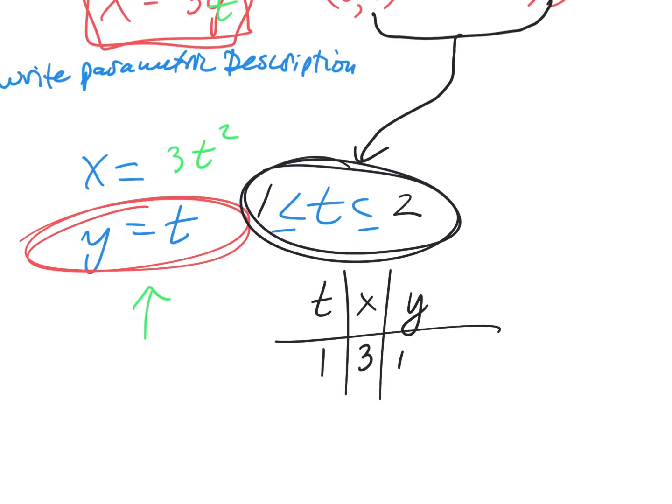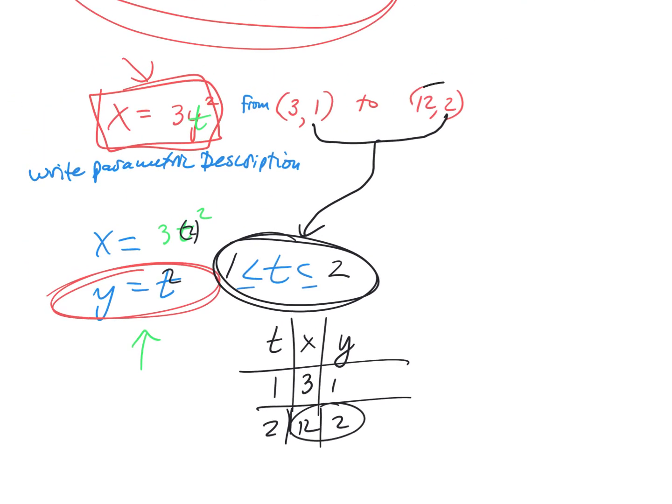And then if t was 2, y equals 2. And this would be 2 squared is 4 times 3 is 12. Cool. 12 comma 2, same point as here. 3 comma 1, same point as here. Looks like my equation's working.